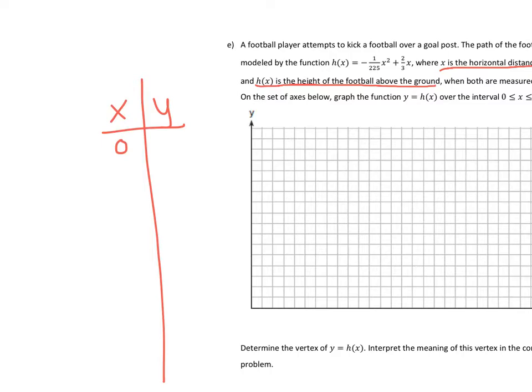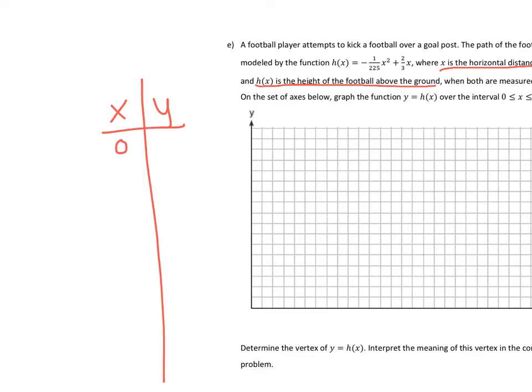In your y equals, make sure you clear out what you have in there. Negative 1 over 225 x squared plus 2/3 x. And go to your table. If you look at your table, you have a lot of decimals.